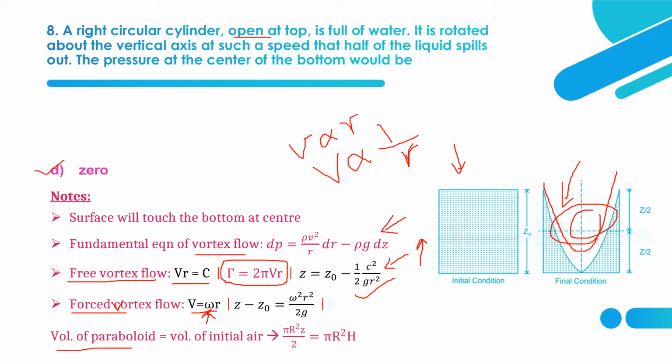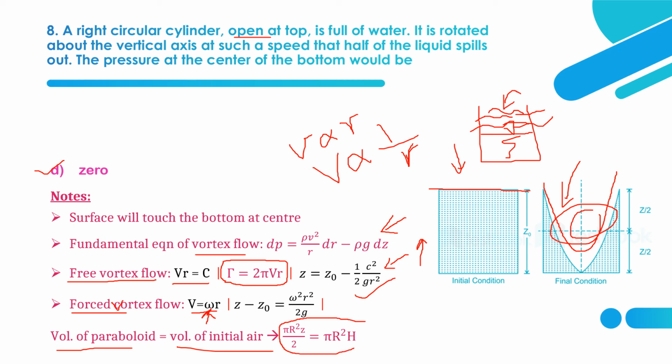In this case, the water is filled up to its brim. In some cases, water will be filled up to here, and this is the volume of air. So volume of paraboloid shall be equal to volume of initial air present in the bucket or a beaker or something else.